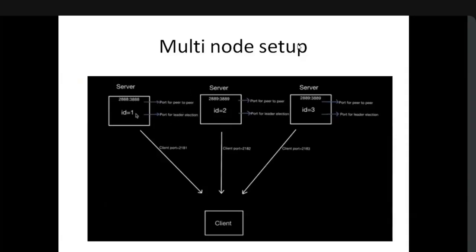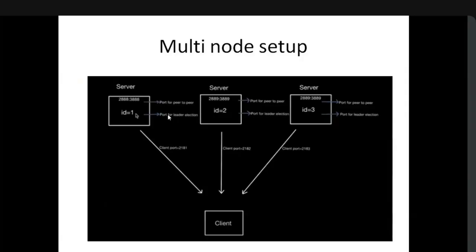That election will happen using a port. So we need one port on each server through which election can be done. You can see one arrow, and that arrow is nothing but a port for leader election. Similarly, on server 2 and the third one there will be one port used for election purposes.